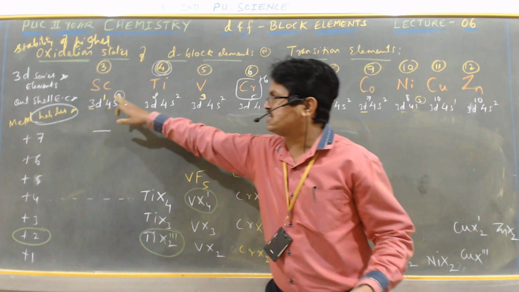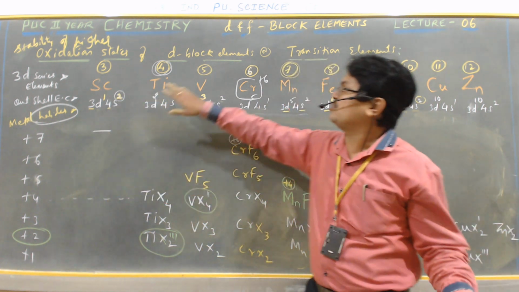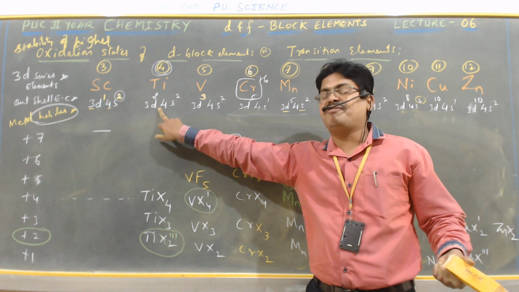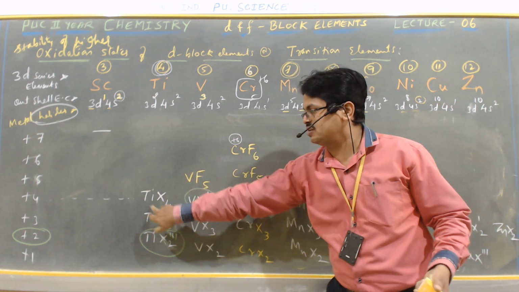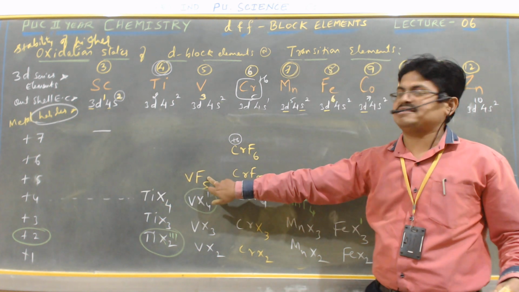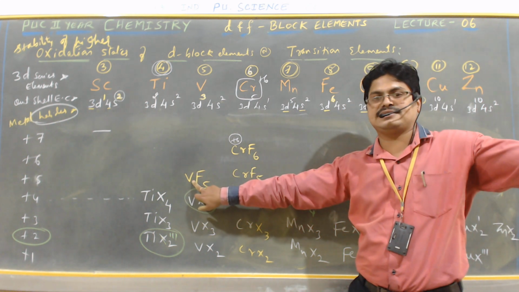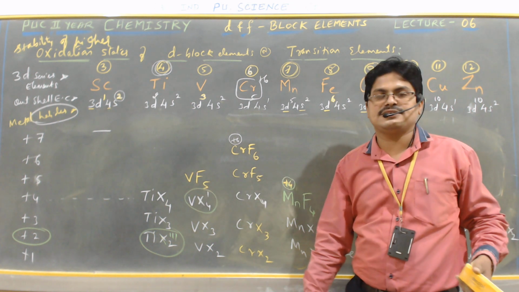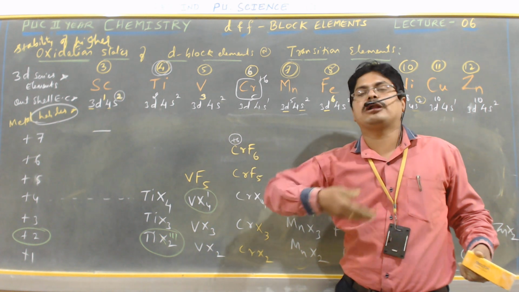Look at here. Starting, scandium is unstable with respect to its higher oxidation state. But from titanium onwards, the stability of higher oxidation state with respect to halides, TiX4 plus 4 is stable with respect to halide. In case of vanadium, only VF5 is stable, not other halides, because other halides undergo hydrolysis. Even if I take VCl5, it undergoes hydrolysis readily.